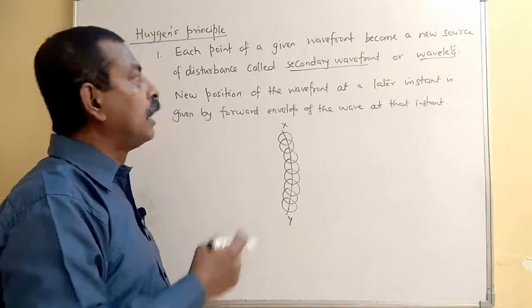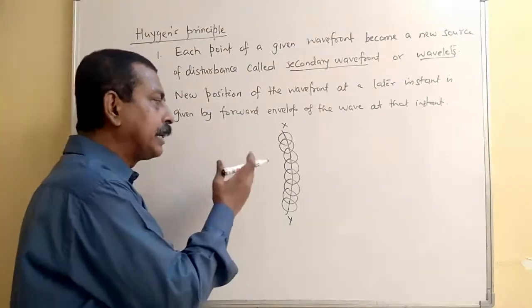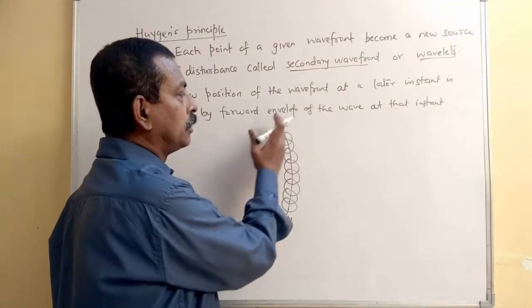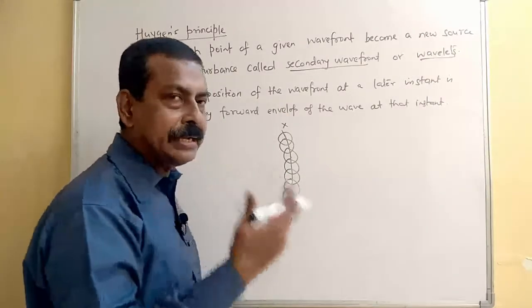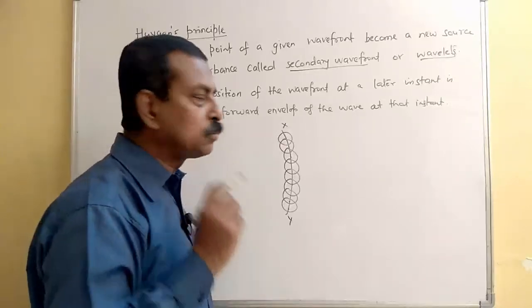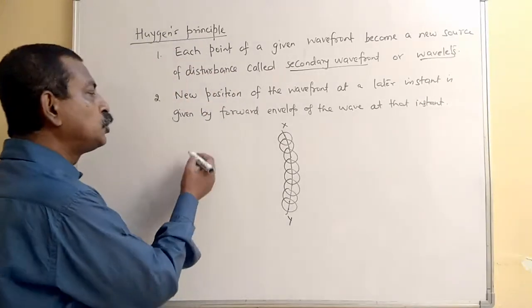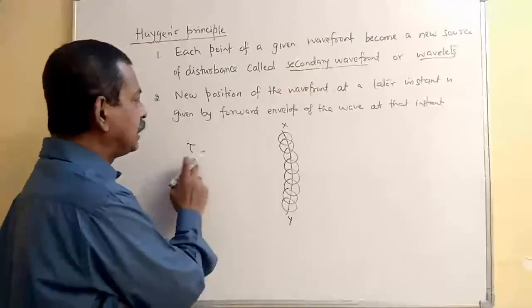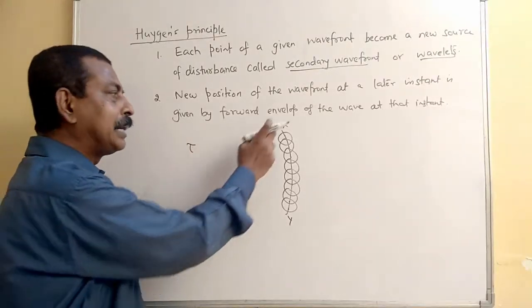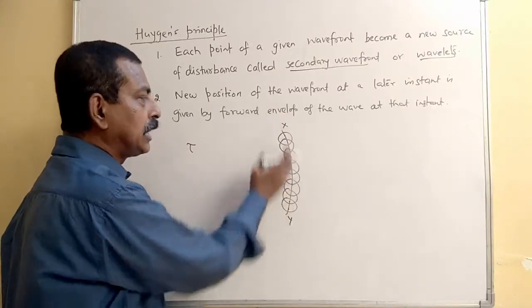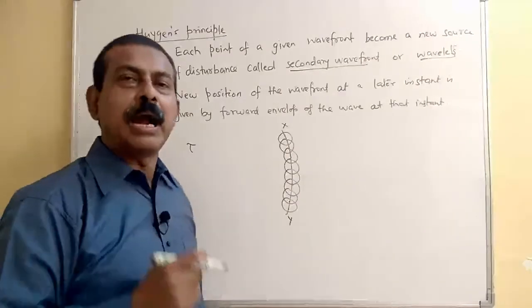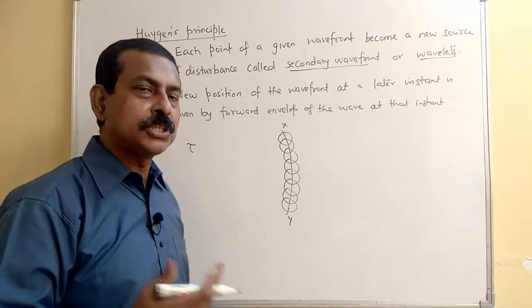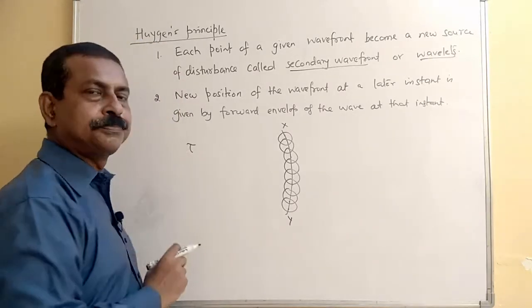Now, if you want to get the position of the wavefront at any later instant, suppose you want to find it at an instant tau. At t equals 0, suppose it has a position XY, and I want to know the new position after time tau.